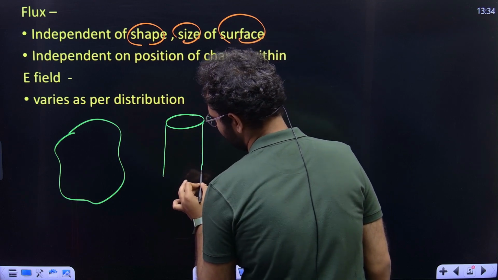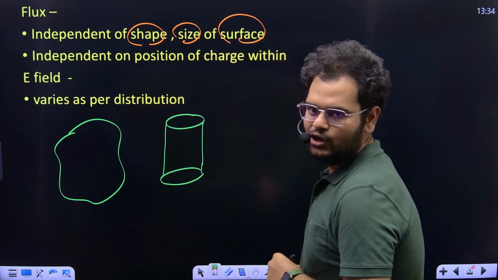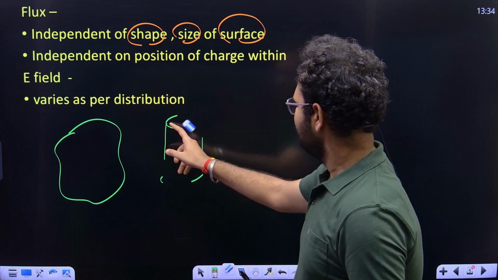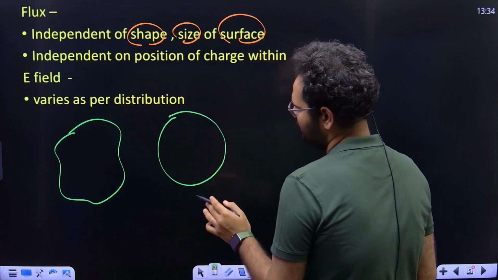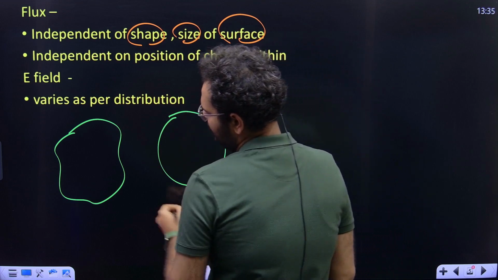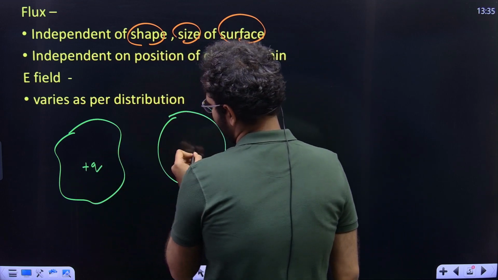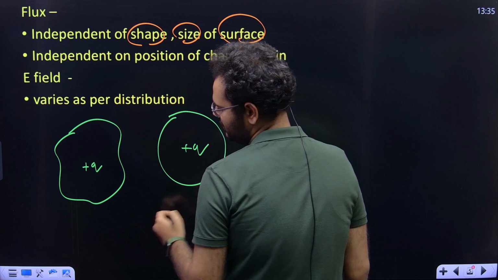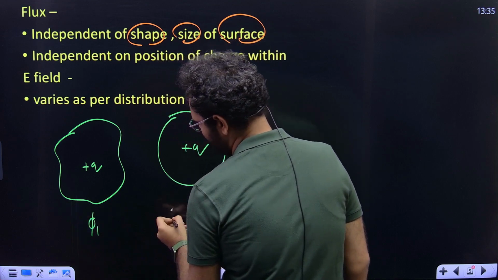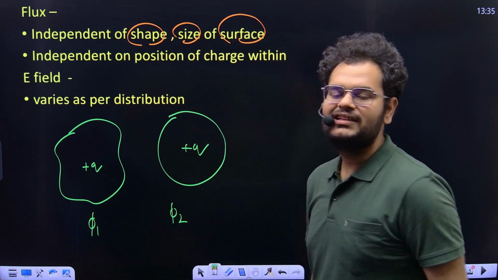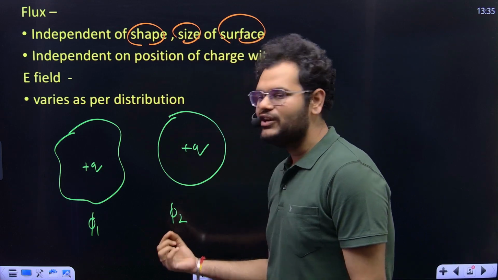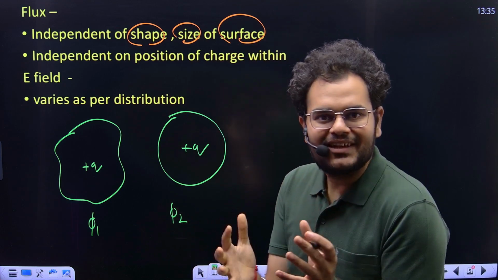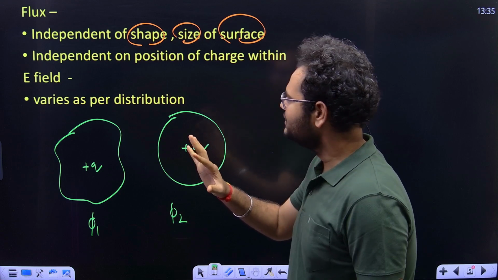Let us say we take a cylindrical surface, or instead of a cylinder we will take a sphere. I am talking about a 3D surface. Plus q charge if I keep here, and here also plus q charge, phi 1 and phi 2. You tell me where the flux is more. Phi 1 greater than phi 2, phi 2 greater than phi 1. Both are equal.